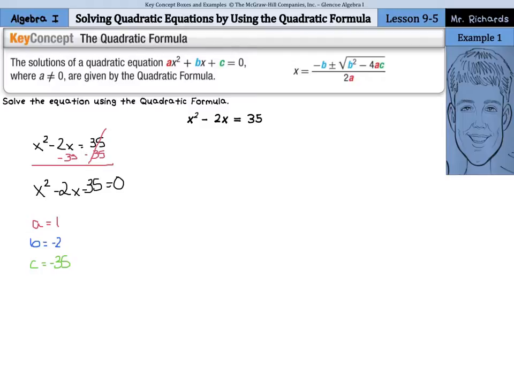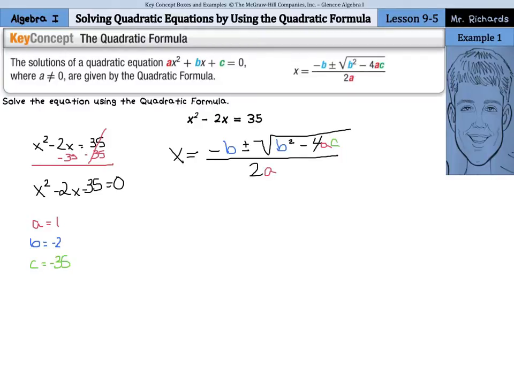So I would start by writing down the quadratic formula. x equals negative b plus or minus the square root of b squared minus 4 times a times c. And that's going to be divided by 2 times a.